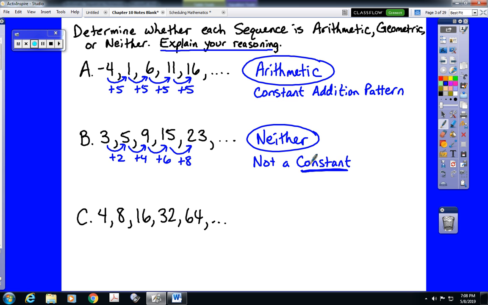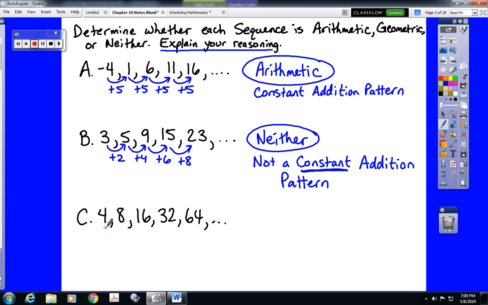Constant is a very key word when we are looking at whether or not a sequence is arithmetic or geometric. It has to be a constant addition or constant multiplication pattern. If we're not adding the same amount every time, then it doesn't fit the description.